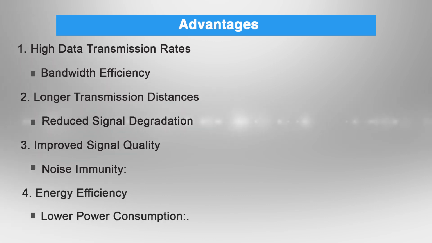Next advantage is energy efficiency, meaning lower power consumption. Optical modulation can be more energy efficient compared to electrical modulation techniques, especially in fiber optic systems, as light signals require less power to propagate over long distances.